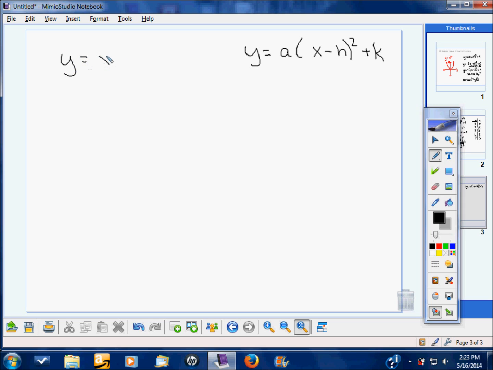This one also has a hidden zero: y equals x squared minus 3. Now, if we were to write this in this form, and you don't really have to write it out physically, but mentally write this out in this form, what would it look like?